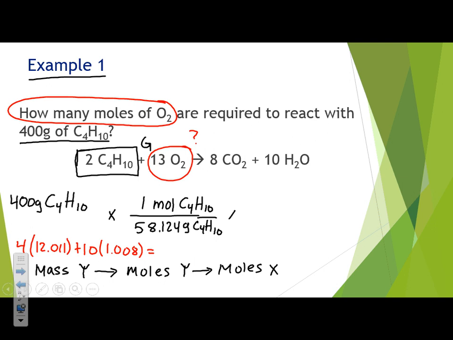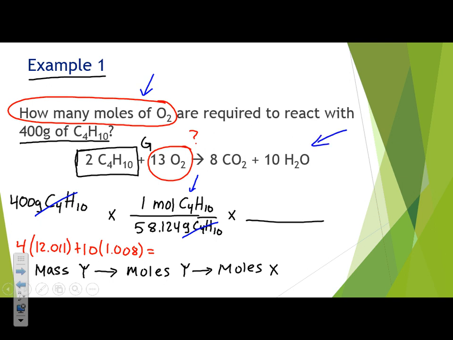Now we get to move to our next step. Notice here we still need that next step because while we cancel grams of C4H10, we wanted moles of oxygen. Right now we are at moles of C4H10. So now is our time to use our equation here.